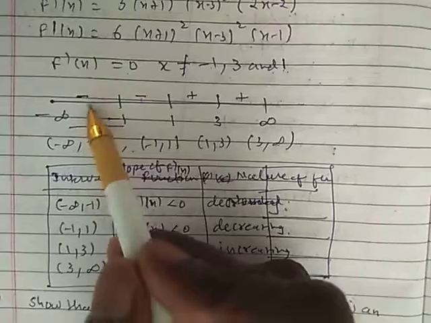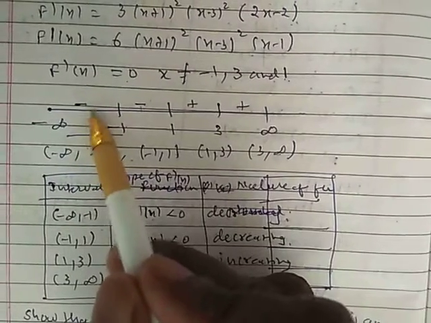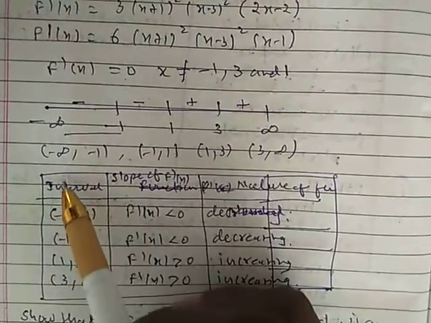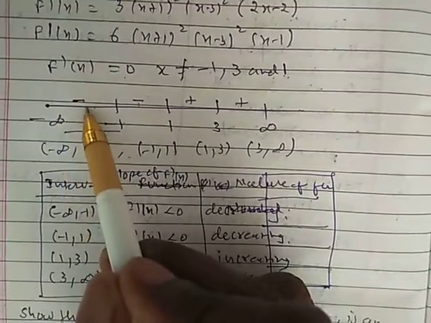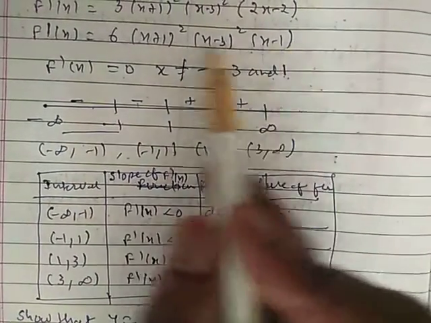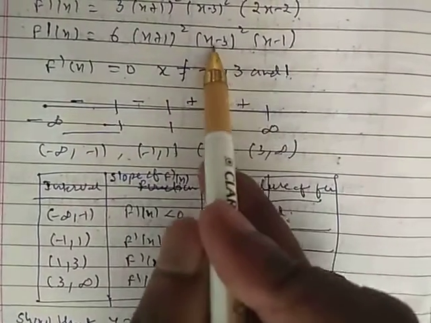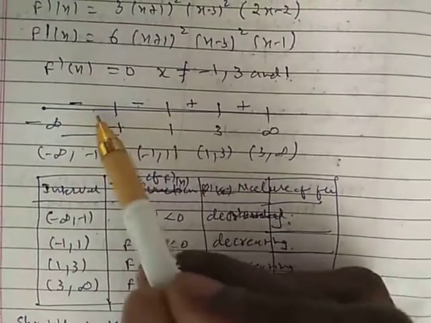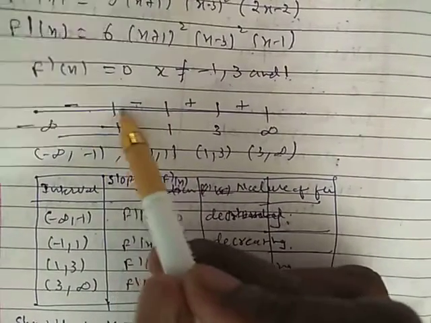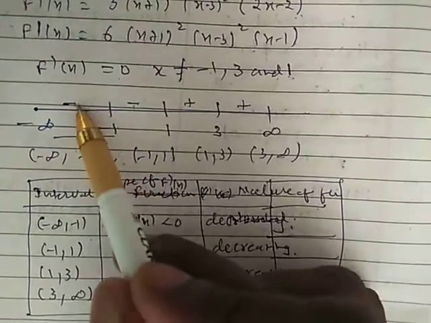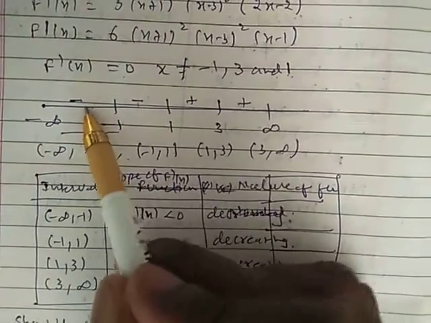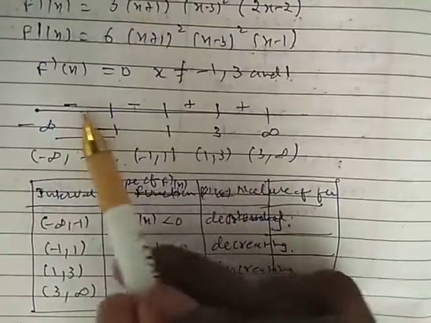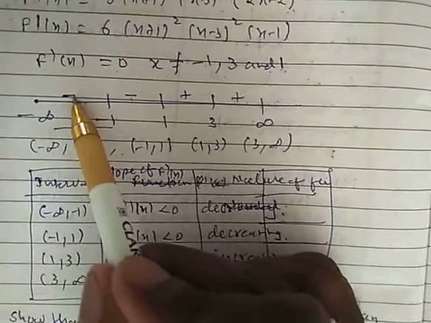Any value between minus half, or you can substitute 0 also. Minus 1 is positive, so minus half you have to take, or minus 2. Minus 2 you take and substitute the value and get whether it is coming less or not.